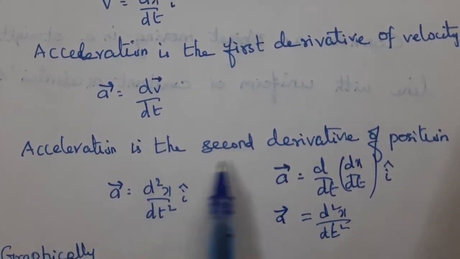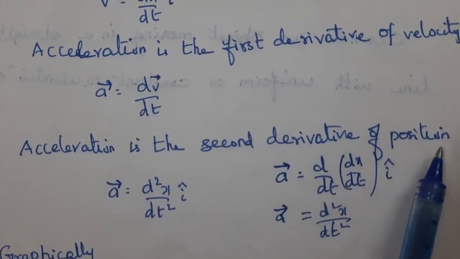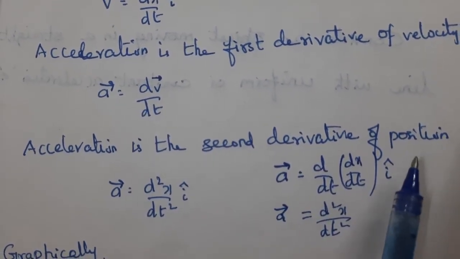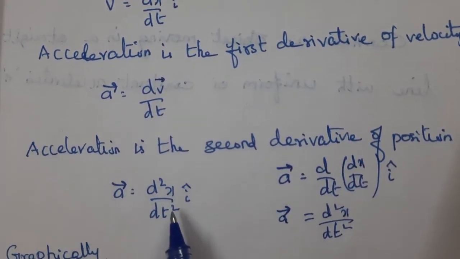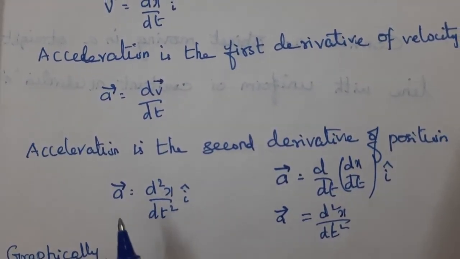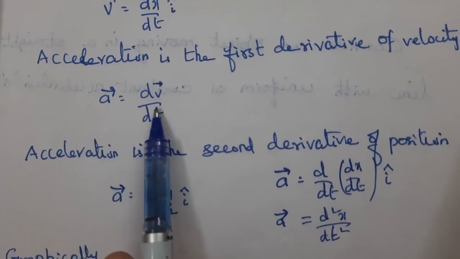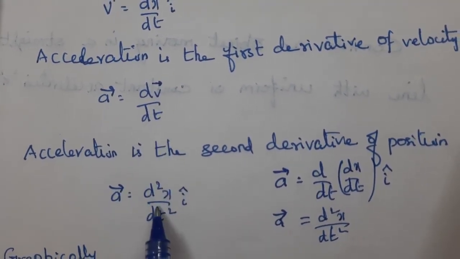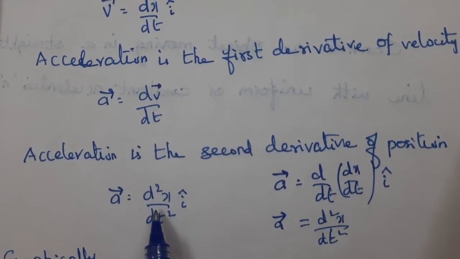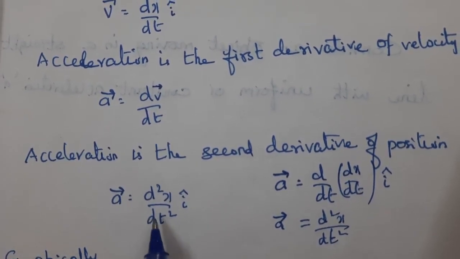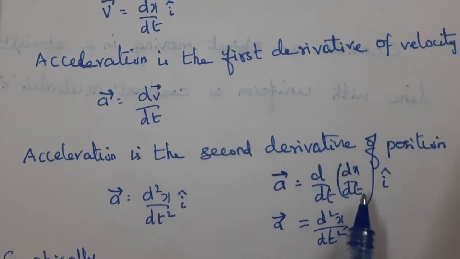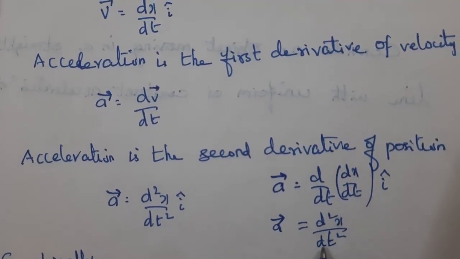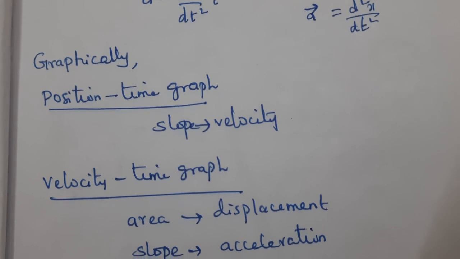So acceleration is the second derivative of the position vector with respect to time, that is a vector equals d square x by dt square into i cap. This you have to understand. Acceleration is the first derivative of velocity but the second derivative of position vector with respect to time, that is a vector equals d by dt of dx by dt. Substituting the velocity, we can write d square x by dt square.